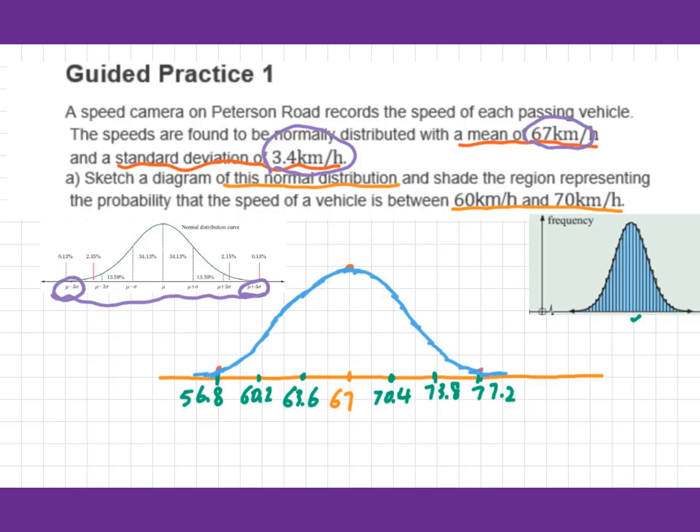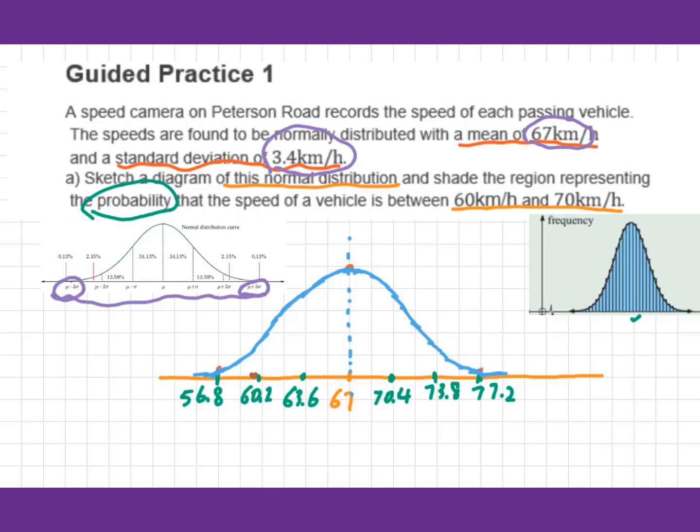Yeah, this is the bell-shaped graph. It will be symmetric across this mean. I'm looking for the probability from 60 to 70. I will check where's the 60. 60, it's here.